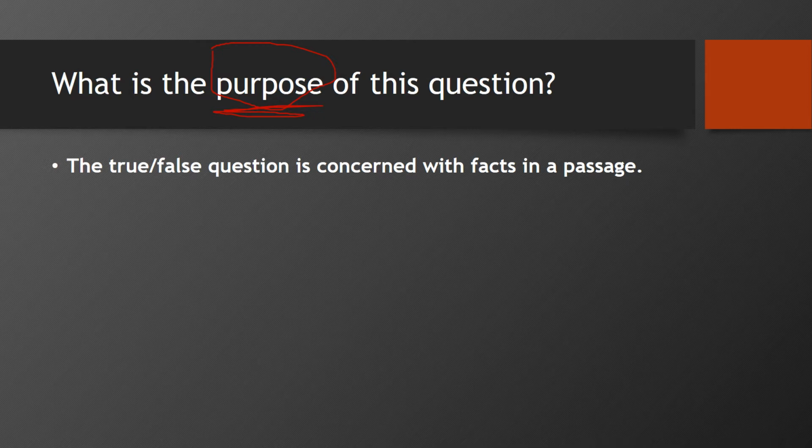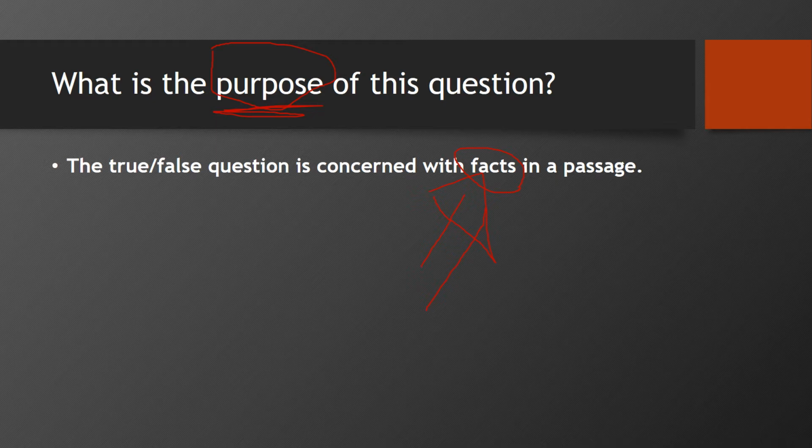Now, the true-false question is concerned with the facts in the passage, right? So here is the keyword: the facts. Do we know how to distinguish a fact in the reading? As a candidate, you have to understand how to distinguish a fact from a view, a writer's view.